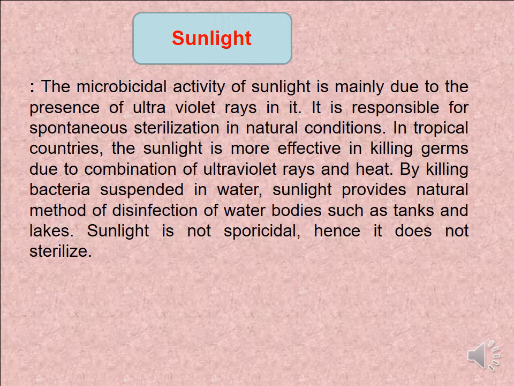In tropical countries, sunlight is more effective in killing germs due to the combination of ultraviolet rays and heat. By killing bacteria suspended in water, sunlight provides a natural method of disinfection of water bodies such as tanks and lakes. Sunlight is not sporicidal, hence it does not sterilize.